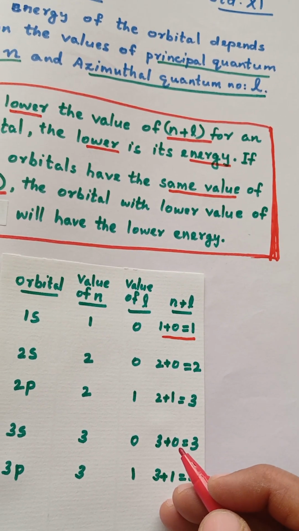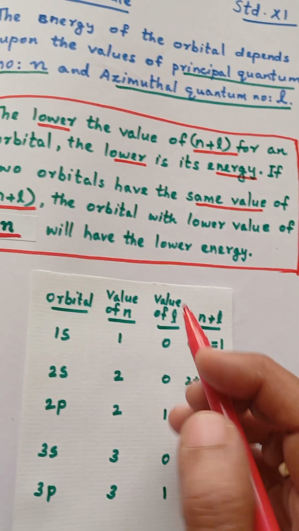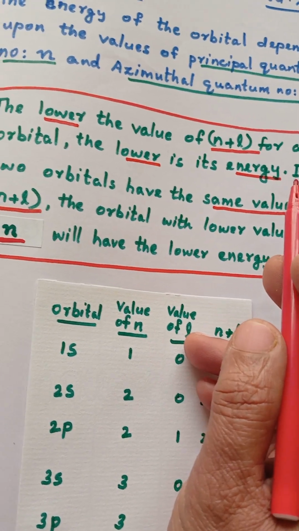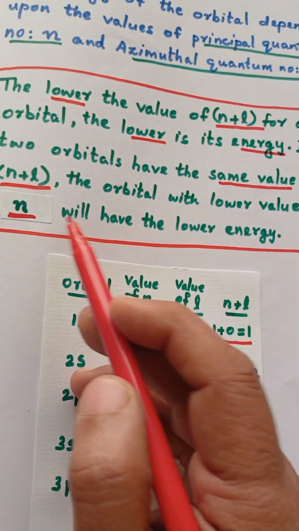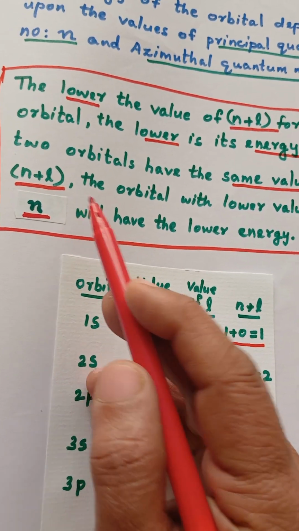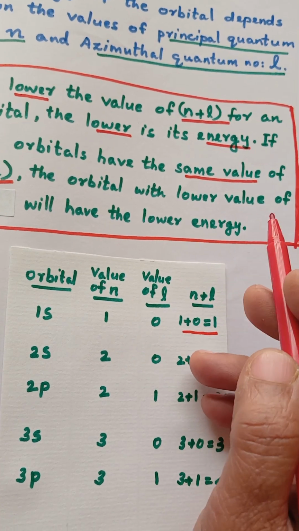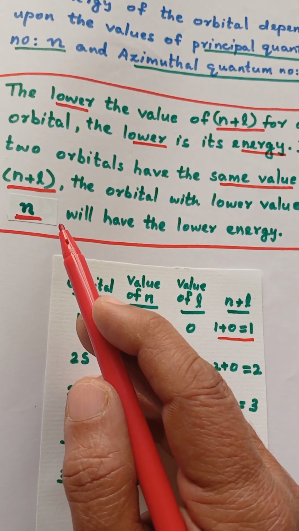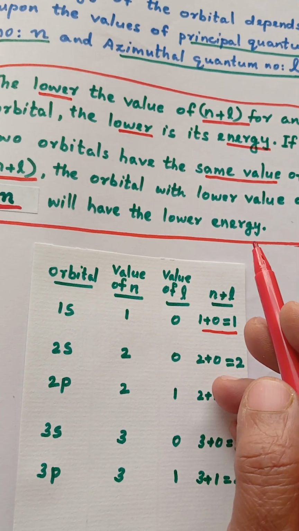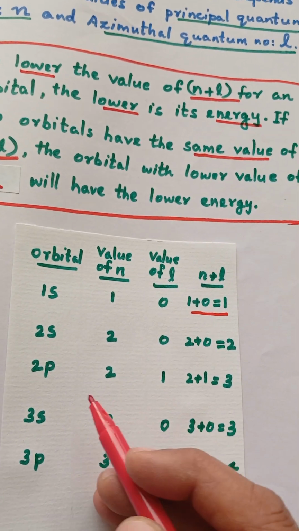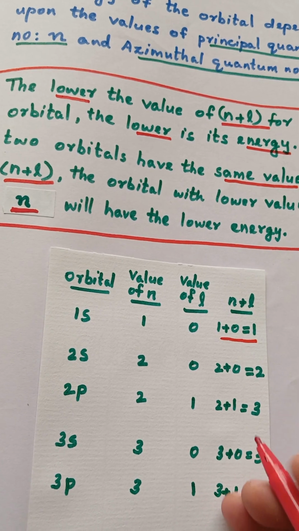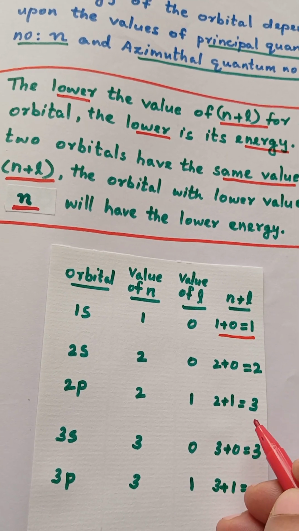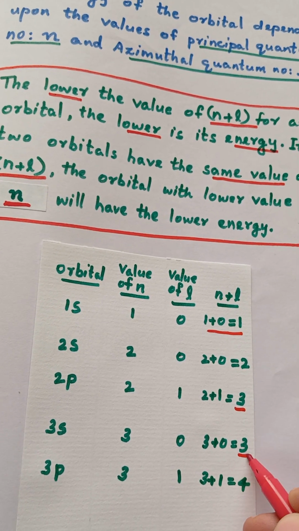No, because if two orbitals have the same value of n plus L, the orbital with lower value of n will have the lower energy. So here the 2p orbital and the 3s orbital have the same n plus L value of 3.